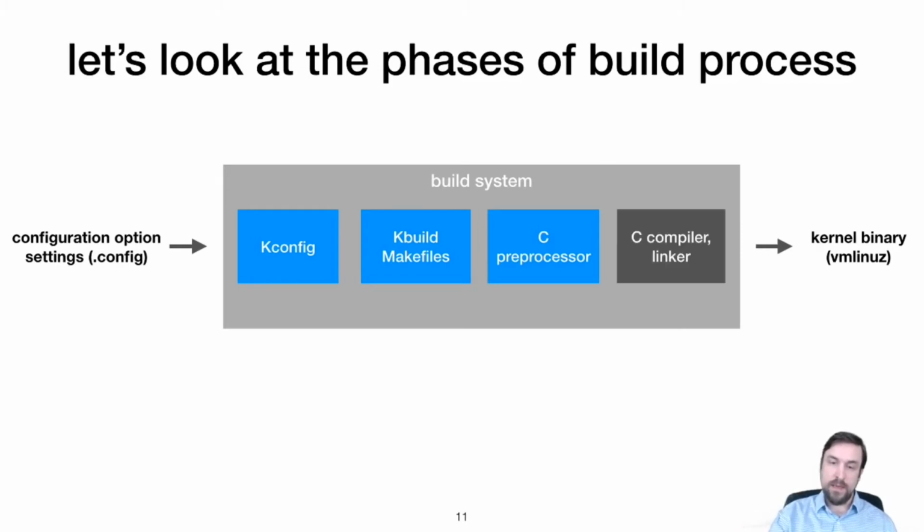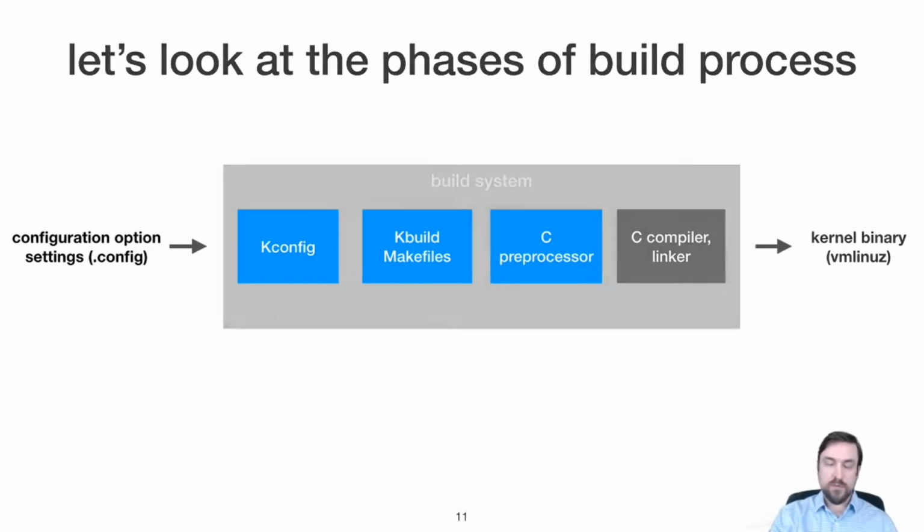And then finally, once we have decided which C files to compile and which lines of those files, the C preprocessor passes these on to the compiler, and the makefile calls the linker to produce our kernel binary.